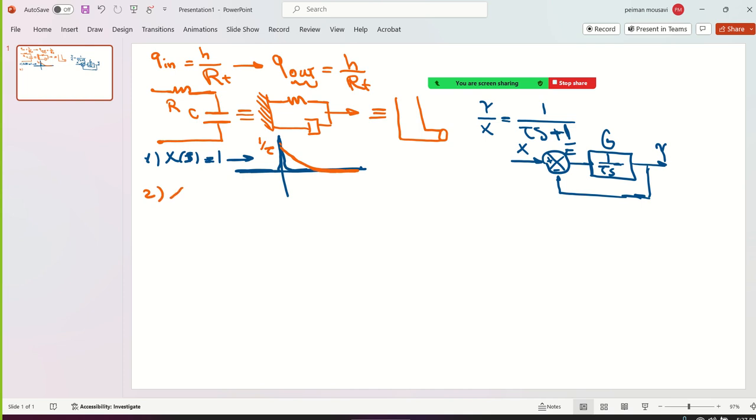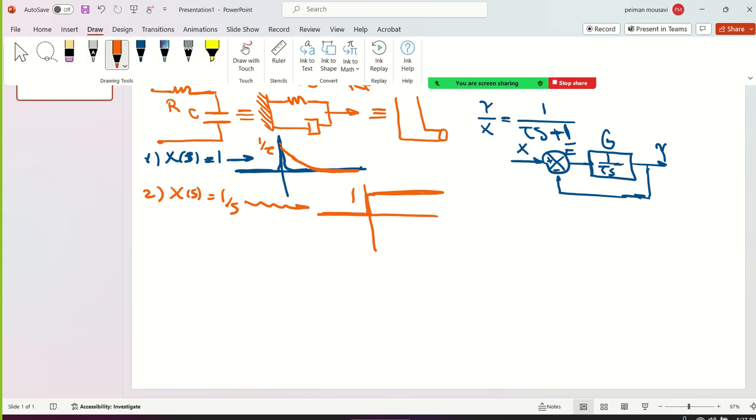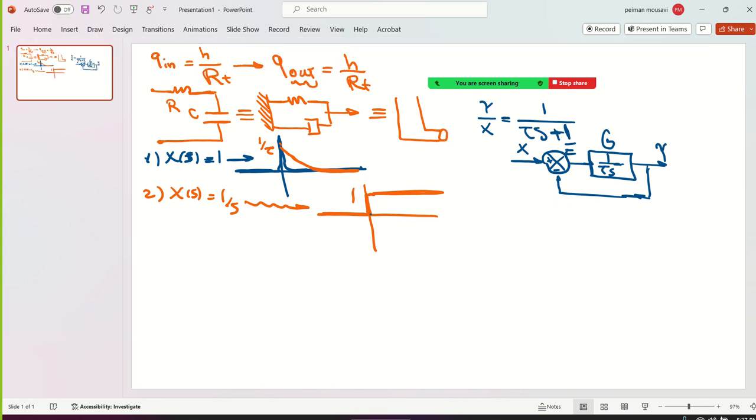Second, I applied unity step, 1 over s, and you saw that we derived together that if this unit step is the input to the system, here is 1. I showed you that the output follows the input.